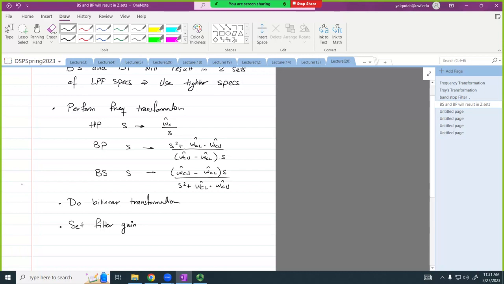If it is a low-pass filter, then at omega equal to 0, the gain should be 1. If it is a high-pass filter, then at infinity it's a 1. So unless it is stated otherwise, the default is 1. Okay, so with all that, let's do an example.